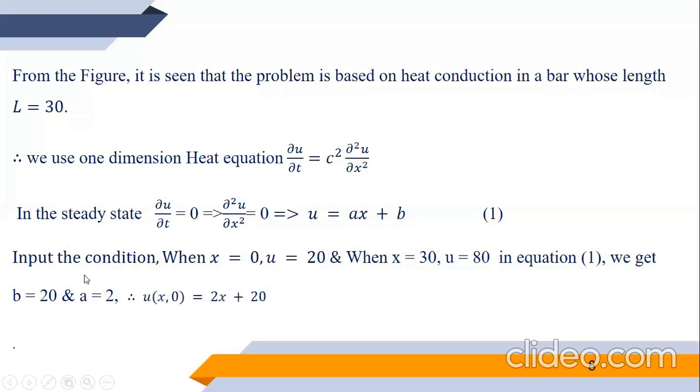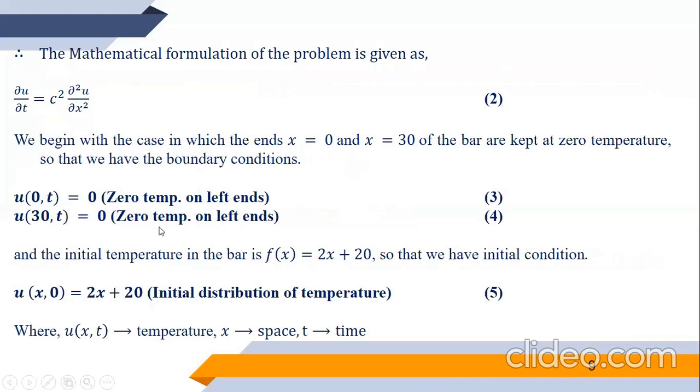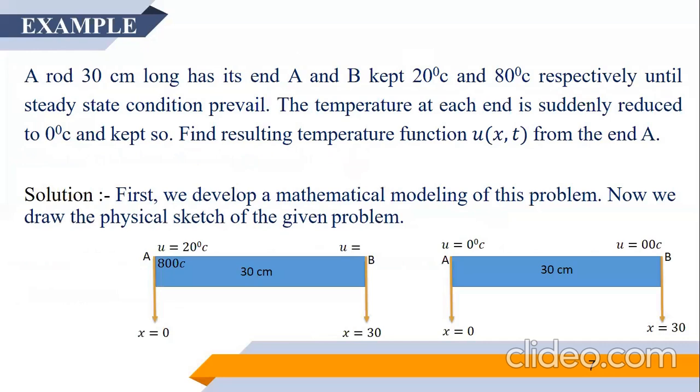Now we input the condition when X is equal to 0. When X is equal to 0, U is equal to 20 and when X is equal to 30, U is equal to 80.